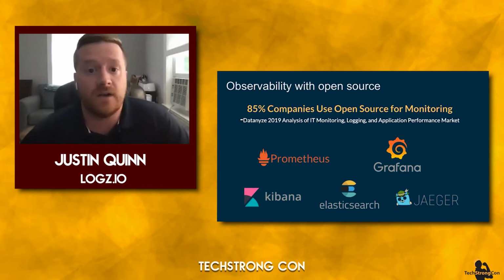Kibana, or the ELK stack, can be used as a log analysis tool. And Jaeger is typically an open source tool used for distributed tracing. Integrations between these open source observability tools can act natively with open source orchestration tools like Kubernetes and Docker.